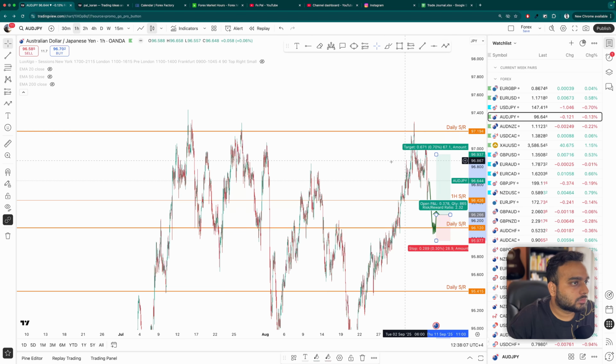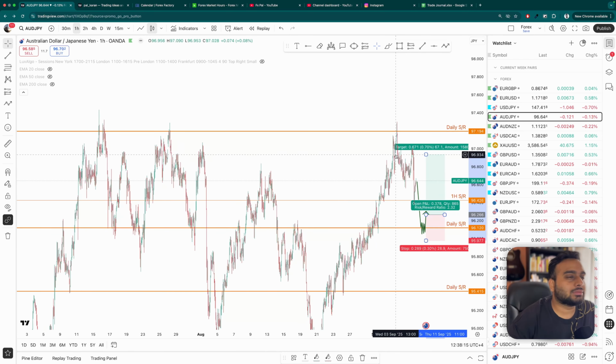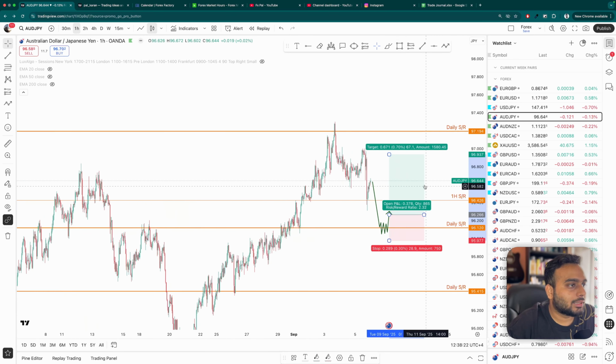Or the next target can be this area, but I can see there are multiple rejections right here. So pushing beyond this would eventually put me at where I am right now. So it can completely flip from right here.